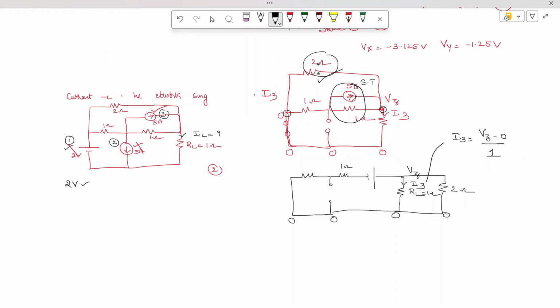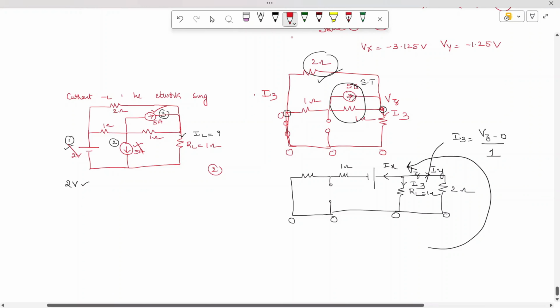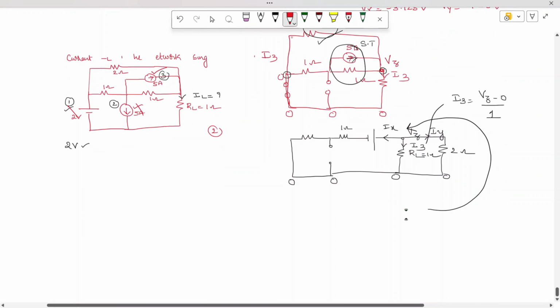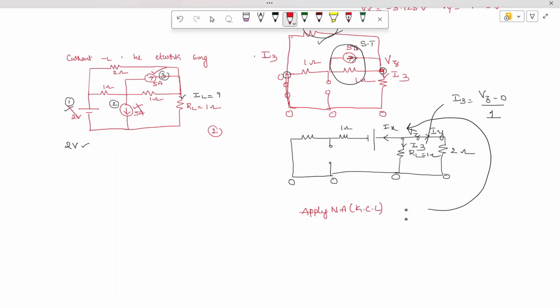Let's mark this current as Ix and this current as Iy. Now, to find the value of Vz, apply nodal analysis, which is indirectly KCL at node Vz.